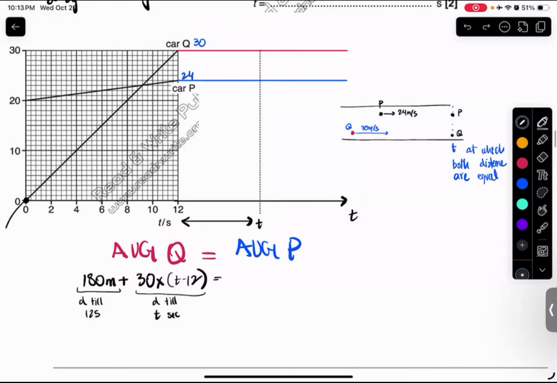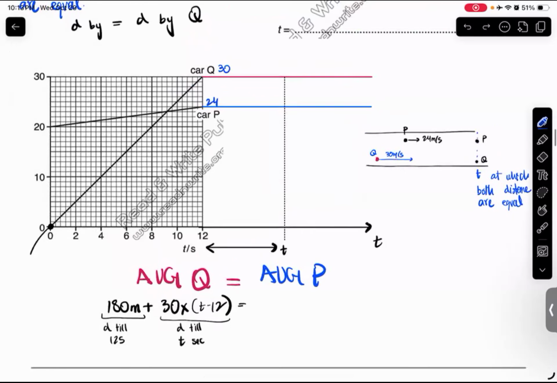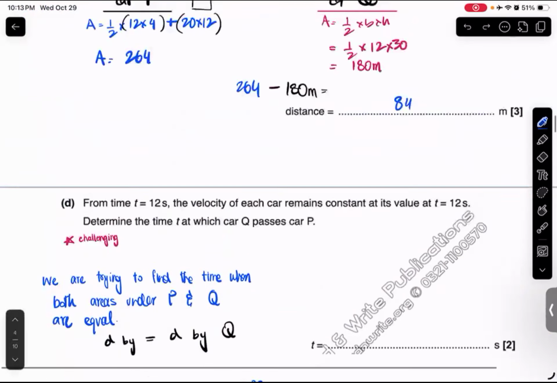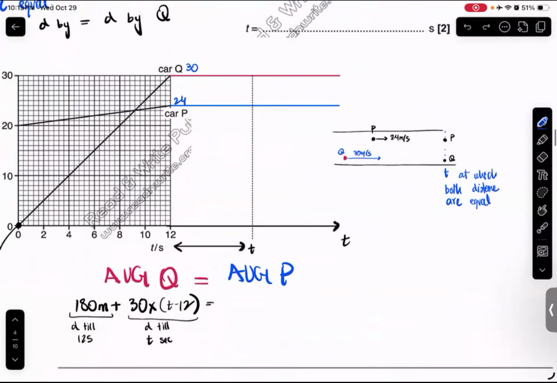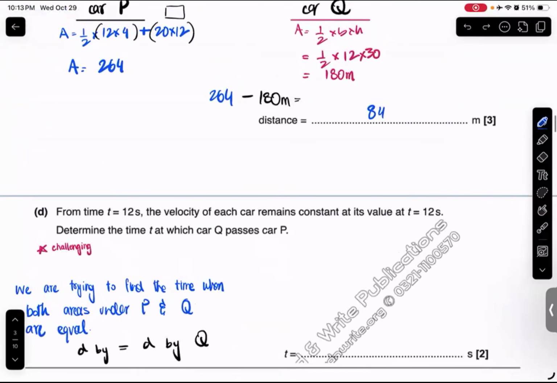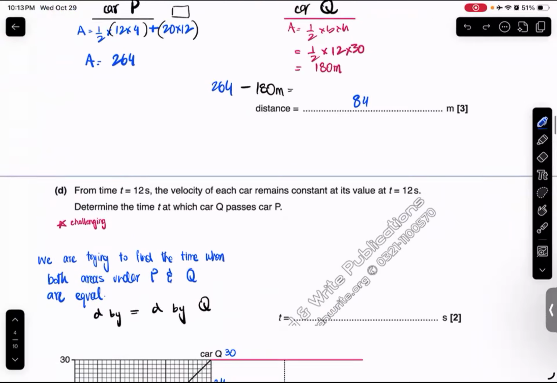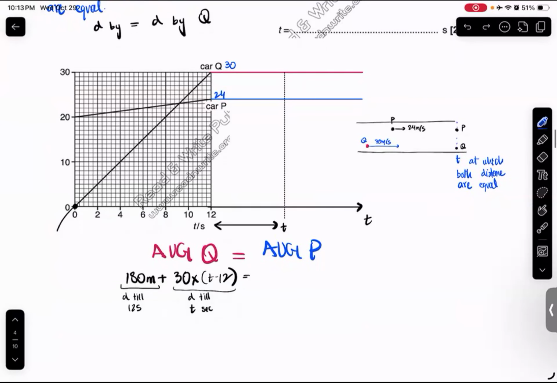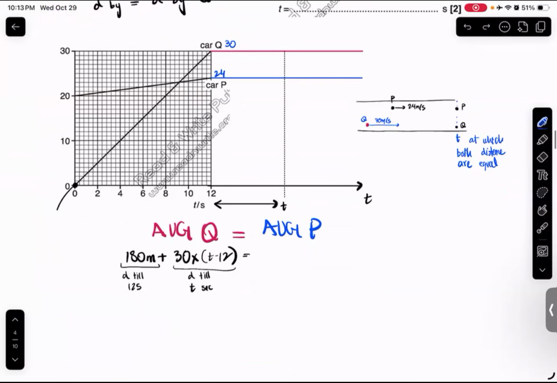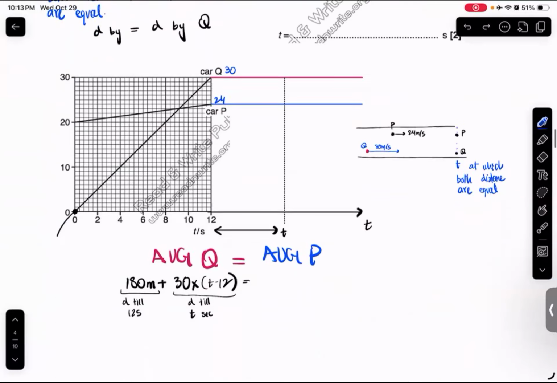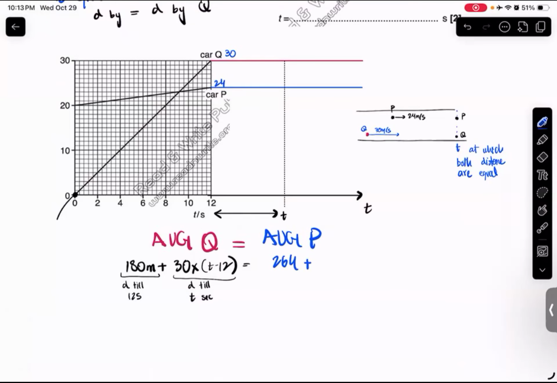Okay. What about the area under the graph for P? So we have already calculated the distance traveled by P for this point, right? We literally calculated earlier, 180 meters. P, no wait, I think we switched it. For Q, I had 180 plus 30, okay. And for car P, 264 plus, okay.